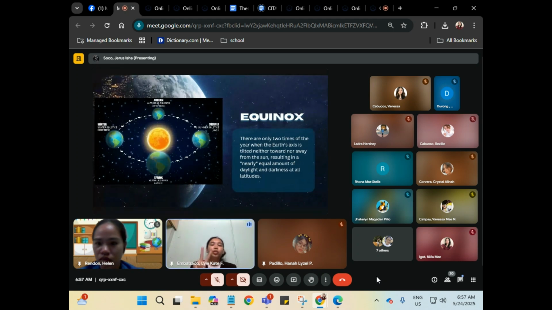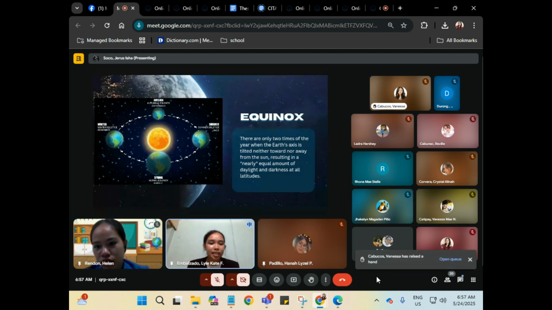Okay, so there are only two times in a year. Now, can you tell me what are those days or months where we have nearly an equal amount of daylight and darkness, based on the picture beside the word equinox?